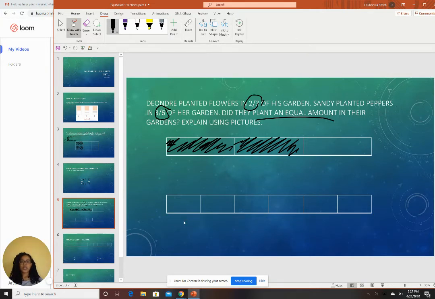So again, I already created the whole, and I need to color in 3 parts. Okay, and if we look at these, are these an equal amount? No, they're not, because it's colored into this area, but then it stops right here. So there's a little bit more that they could color in to make it equal. So no, these are not equal, which means 3/6 and 2/3 are not equivalent fractions.